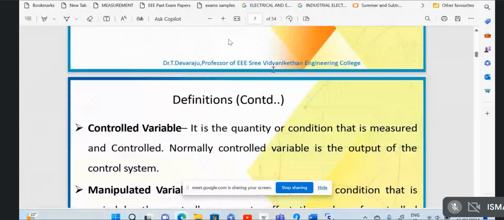The control variable is the quantity or condition that is measured and controlled. Normally, the control variable is the output of the control system.